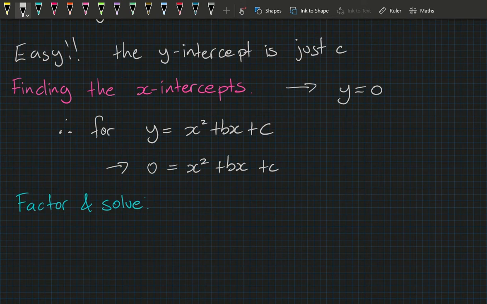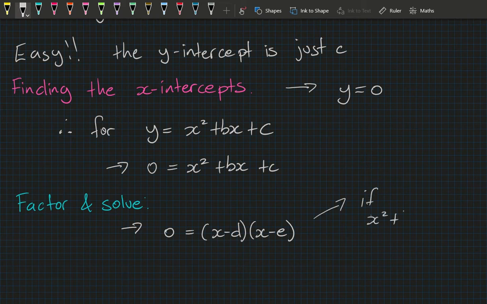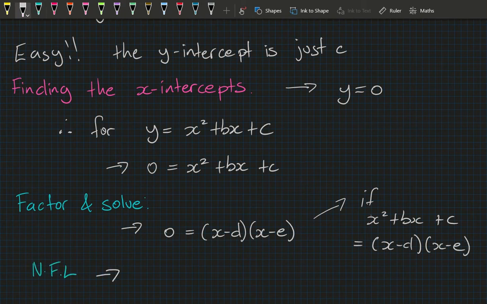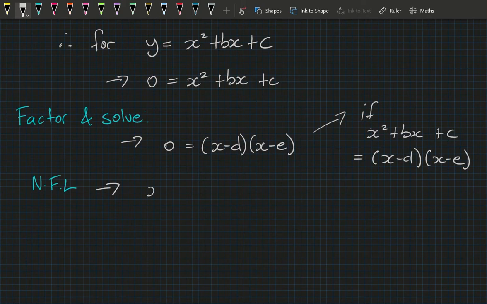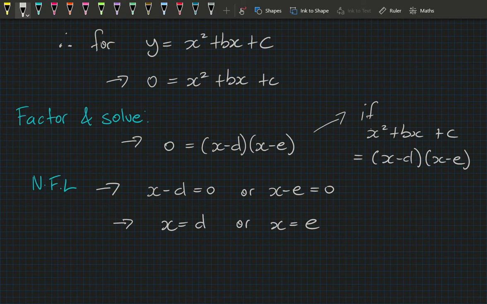And when we did that, we ended up with 0 is equal to (x minus d) times (x minus e). And that's assuming that x squared plus bx plus c is equal to (x minus d) times (x minus e). And by the null factor law, that means that x minus d is equal to 0 or x minus e is equal to 0. Therefore, x is equal to d or x is equal to e.